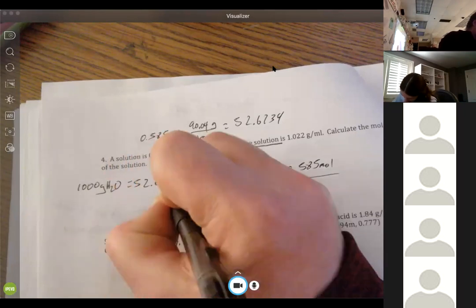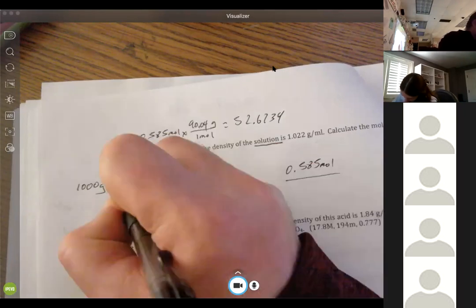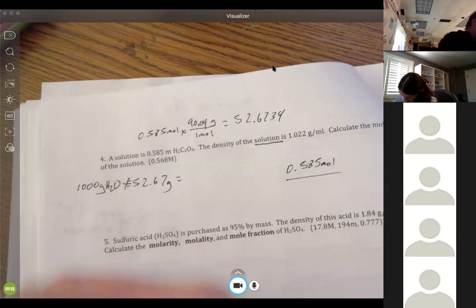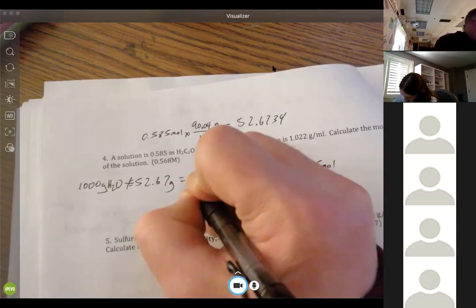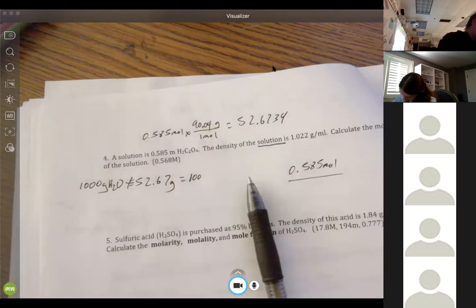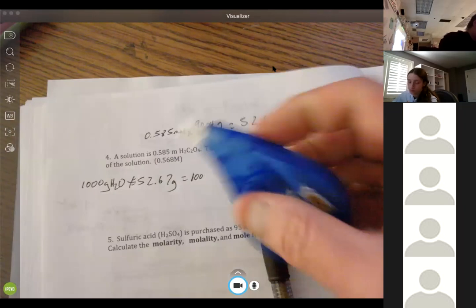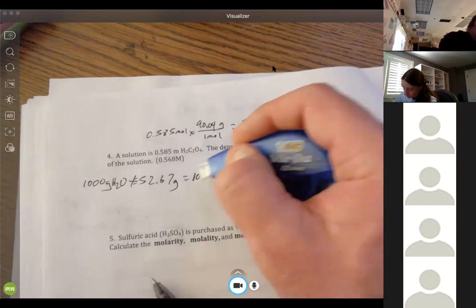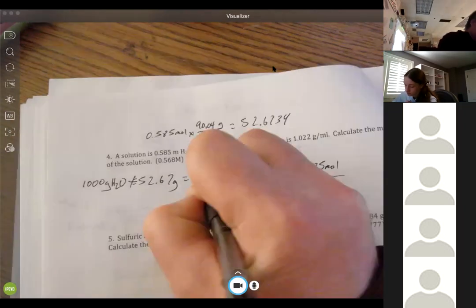We're going to add these together, so we get 1,052.67 grams. That's of the solution.